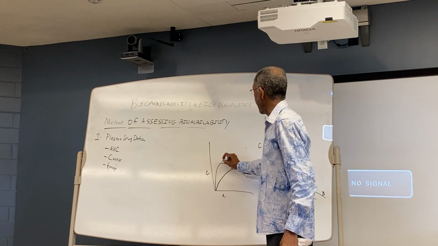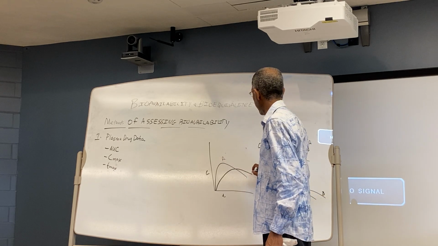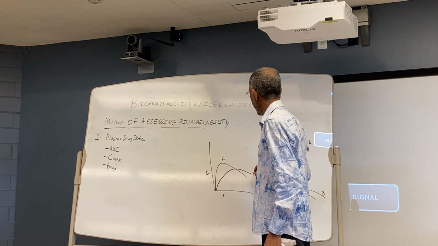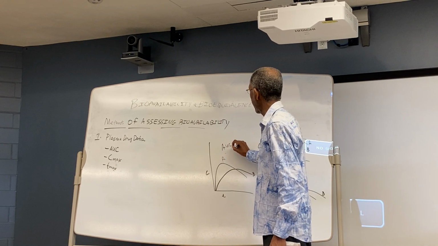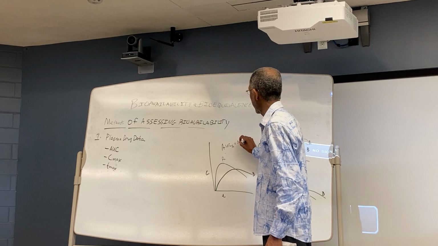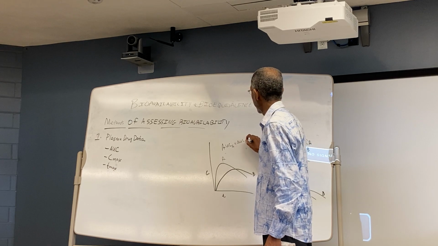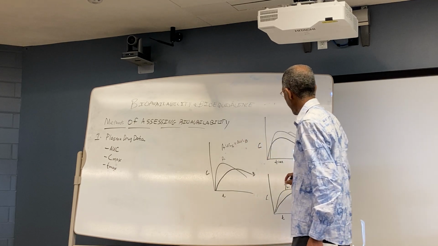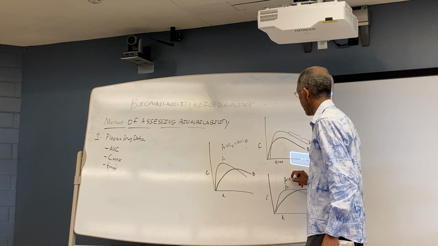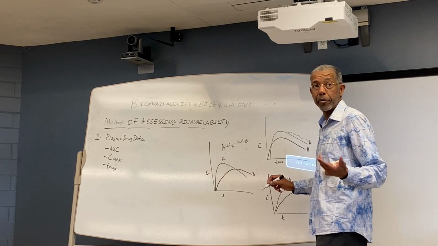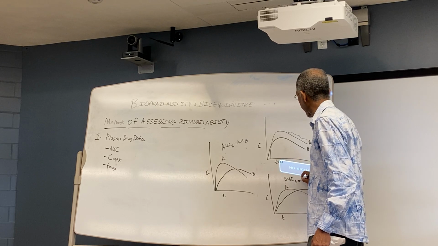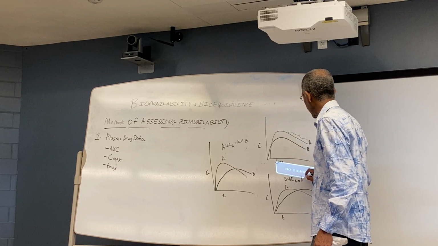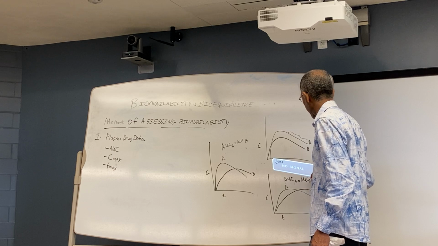Again, let's call this A and B. And we'll say the area under the curve from 0 to infinity for drug product A is equal to the area under the curve from 0 to infinity for drug product B. They don't have to be, but we just assume that to make our discussion simple.